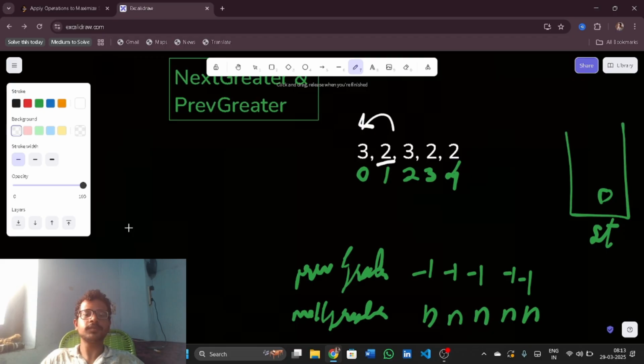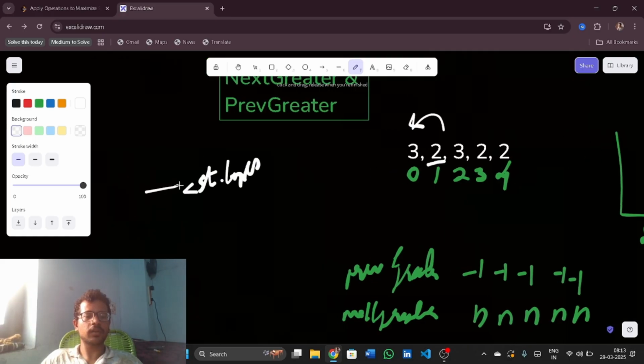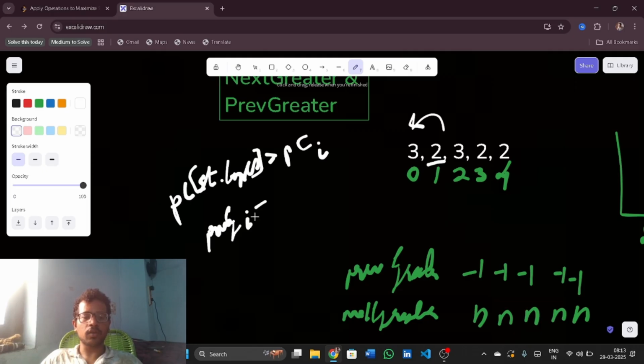So here, if the prime count of st.top is greater than the prime count of I, then the previous greater element of I would be st.top.